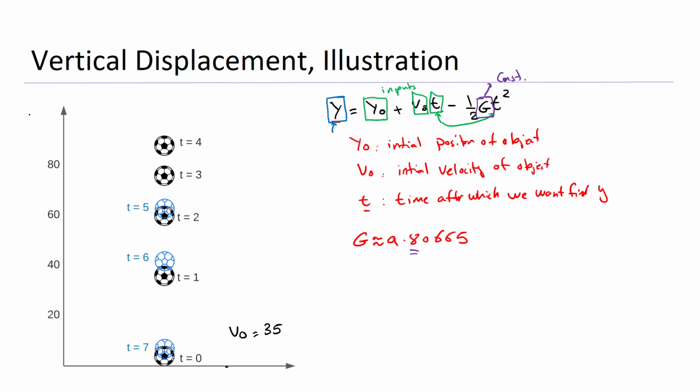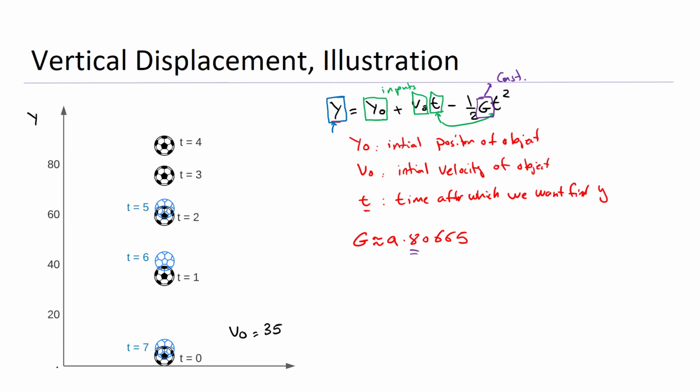The y-axis represents the height of the object, so how far up the object reaches. We don't care about the position on the x-axis, because we are not dealing with horizontal displacements, we are only dealing with vertical displacements. So that's displacement along the y-axis.